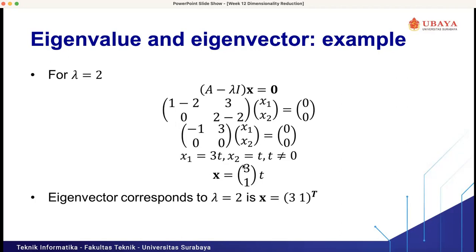So x will be (3, 1)t. The eigenvector corresponds to lambda equal 2 is (3, 1), so the eigenvectors will be (3, 1)t.